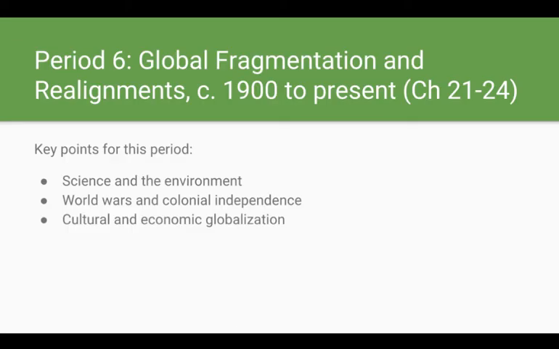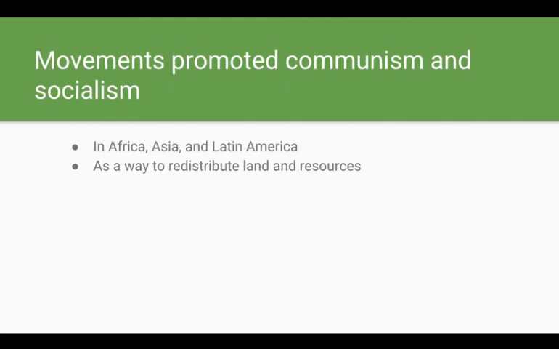Finally, for Unit 6, we have the 20th century to the present, and a lot of continuities happening here. So the communist and socialist movements were the big story economically in the first half of the 20th century and beyond. So we start with Russia and China. These movements in Africa and Asia and Latin America often have a Cold War component to them.